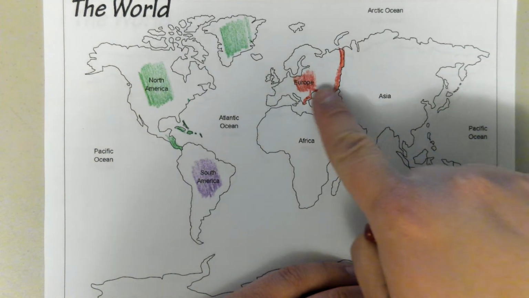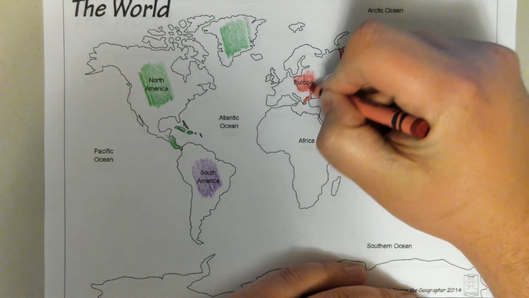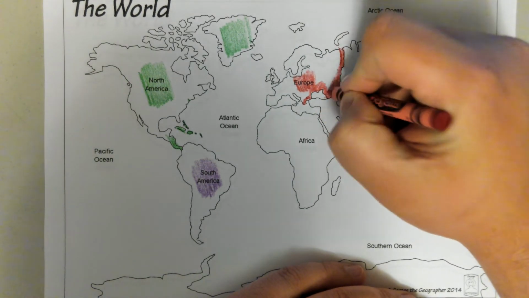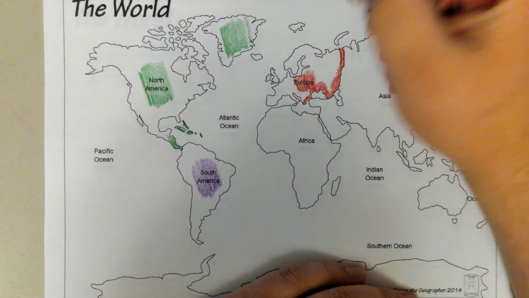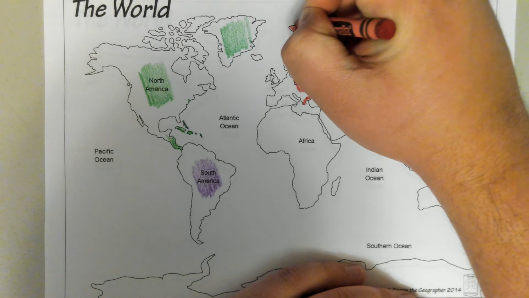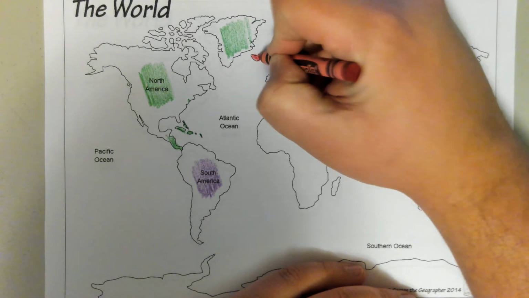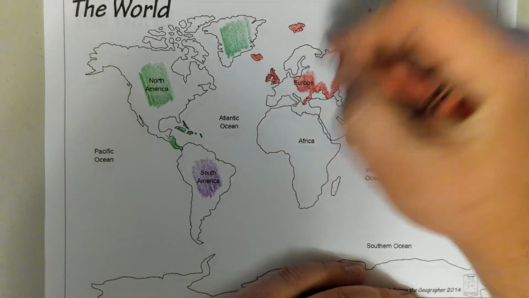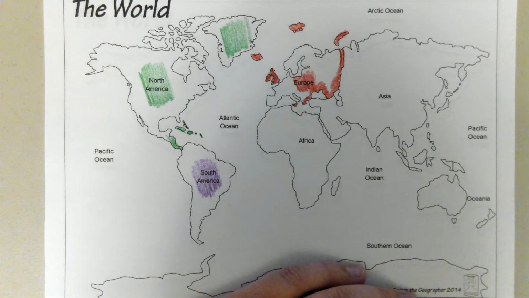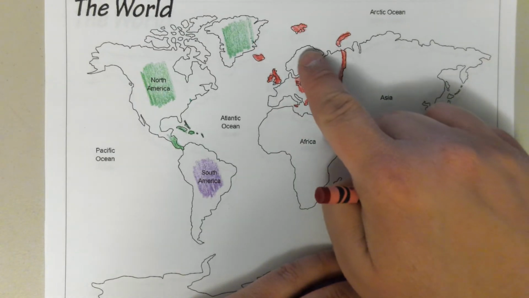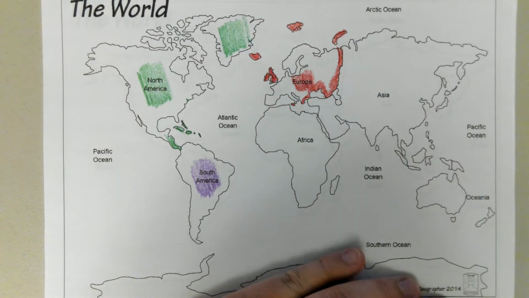Those are lakes there, or seas. They're large bodies of water, but they can be blue. But I just wanted to show you where Europe ends. Europe has some larger islands that get included with it as well. And I want to make sure that you color these islands in red too. Okay, so the rest of the land here is going to be all red.